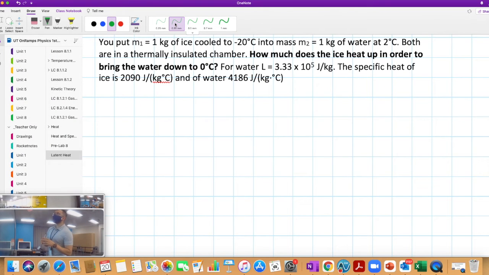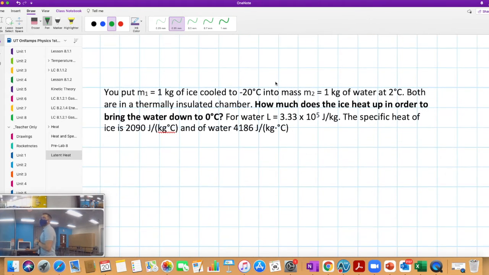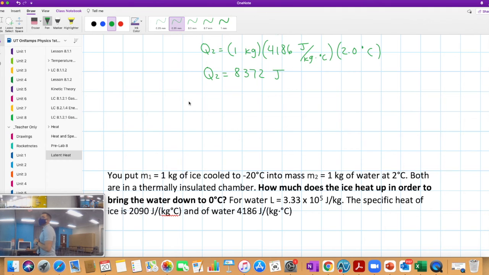Okay, so now what if we wanted to know the temperature of the ice after the water has transferred all of its energy to the ice, meaning as the water went from 2 degrees to 0 degrees Celsius. Now this question is not hard because we already have that number.